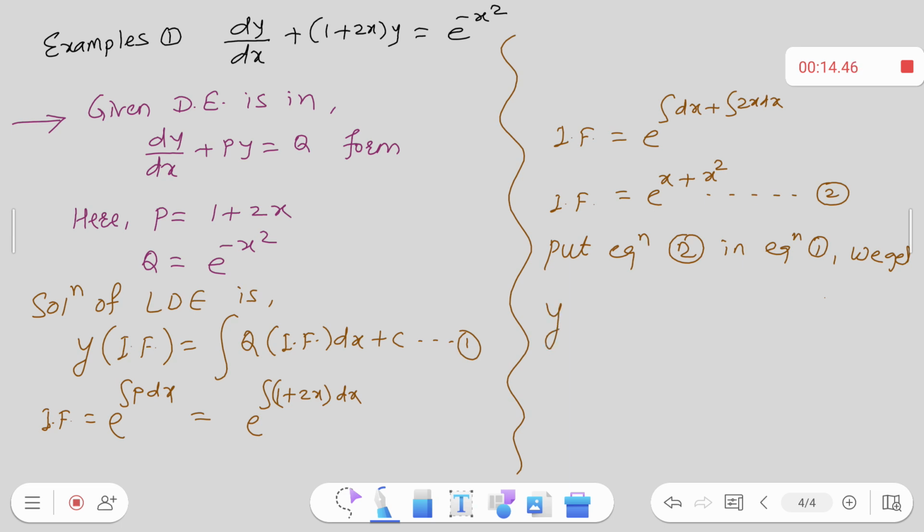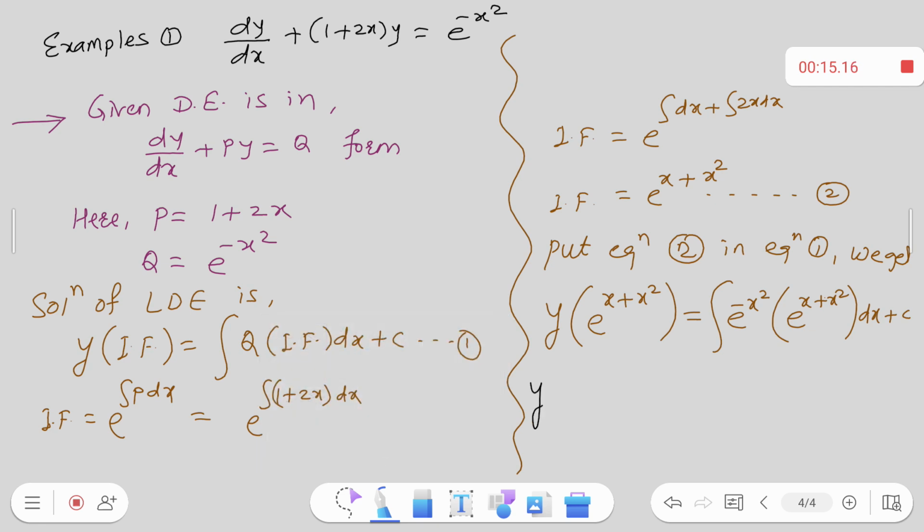So y into e to the power x plus x square is equal to integration of q, which is e to the power minus x square, into integrating factor e to the power x plus x square, dx, plus some constant of integration c.